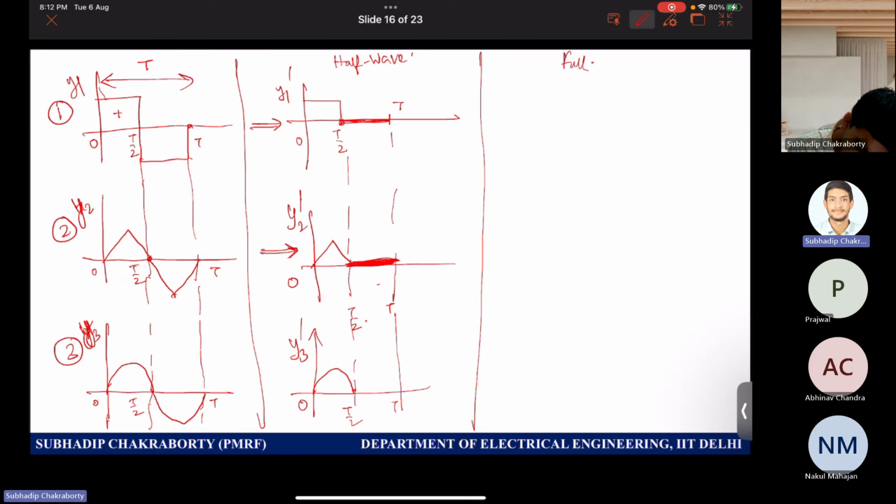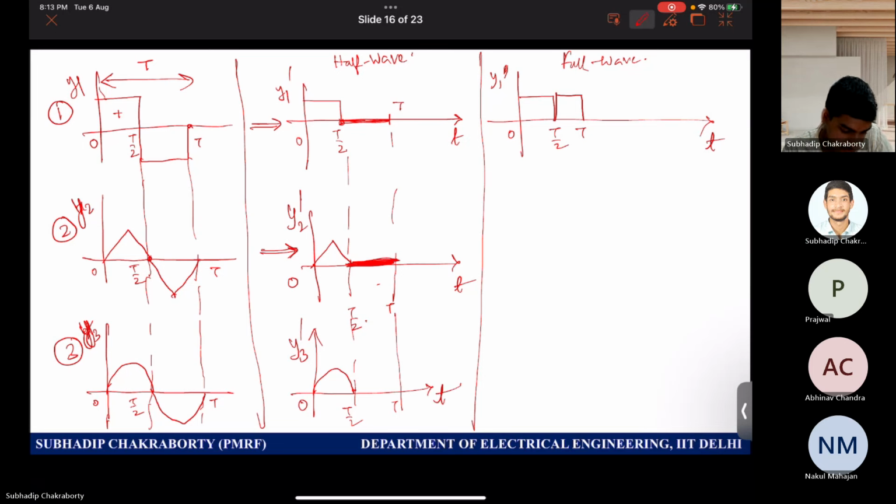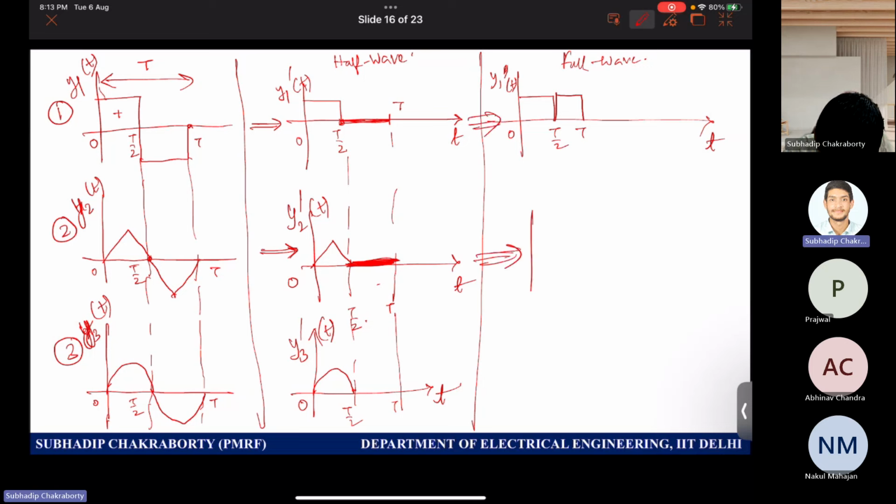And for full wave, what can you write? How will it look? y1 double dash. This will be like this, then again like this, right? T by 2 and T on the time axis. These are all functions of time. Then this one will look how? Then again one lobe.